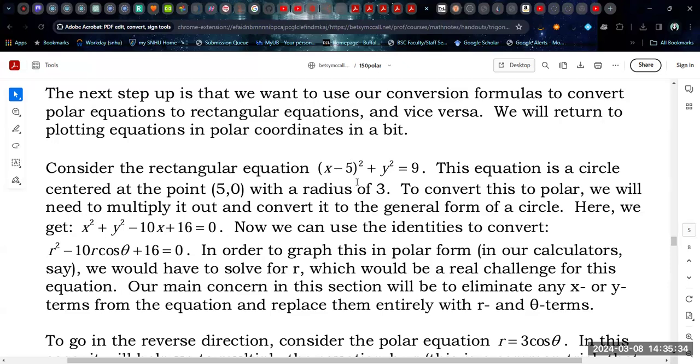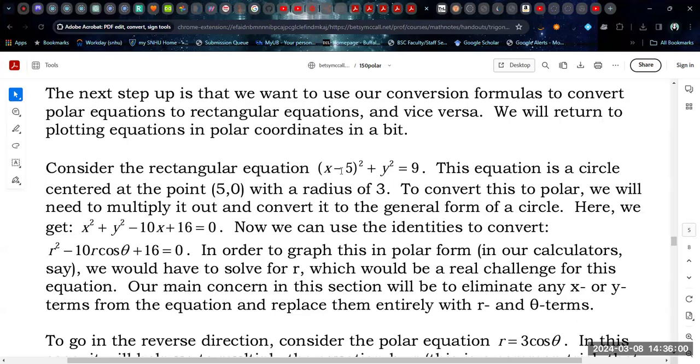So here's an example of an equation. It's a circle in rectangular form. If I want to convert this to polar form, then I should multiply my x minus 5 out before I do my conversions. And when I do that, I end up with this expression. I put everything on one side of the equation just to make things easier.